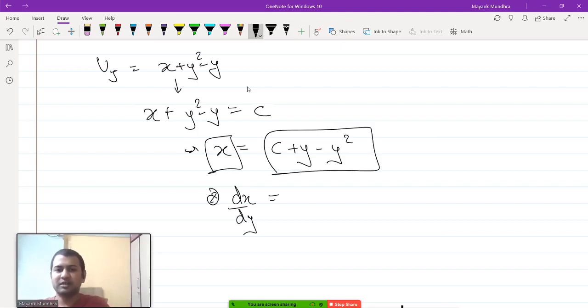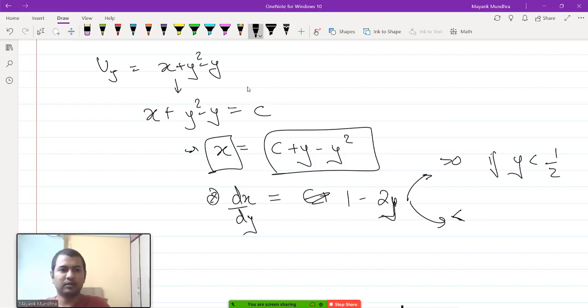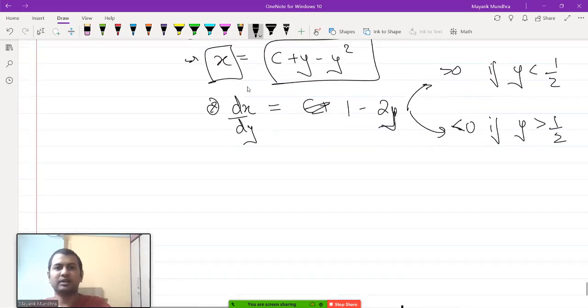So dx by dy will be equal to 1 minus 2y, which is going to be greater than 0 if y is less than half, and it's going to be negative if y is greater than half. Okay, so I'm getting dx by dy.